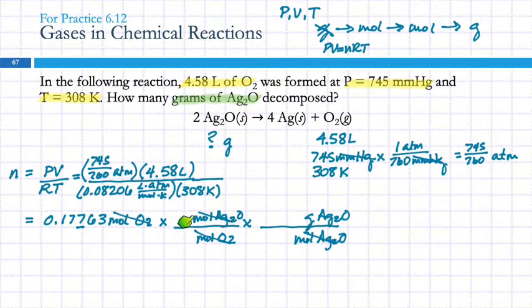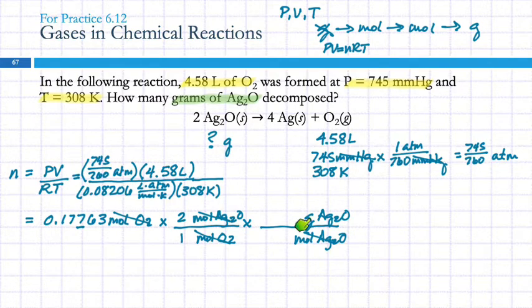Where do I get the numbers for the mole ratio? From the chemical equation, right? This is telling me for every 2 moles of silver oxide, I'm going to get 1 mole of oxygen. So 2 moles of silver oxide to 1 mole of oxygen.